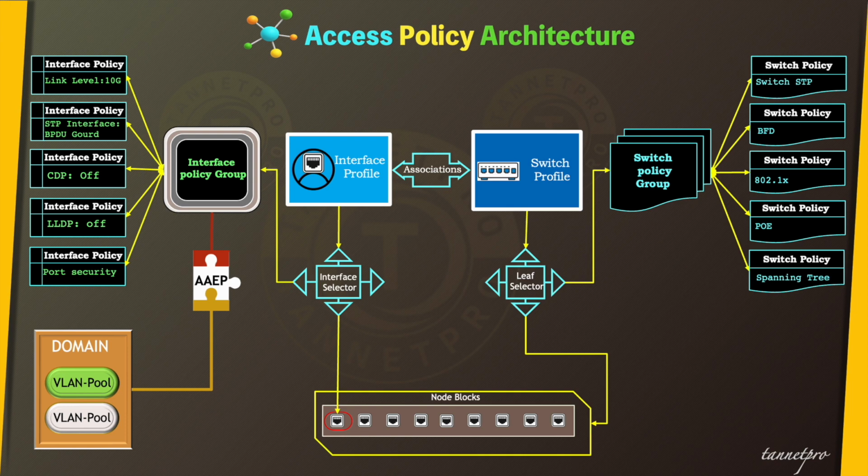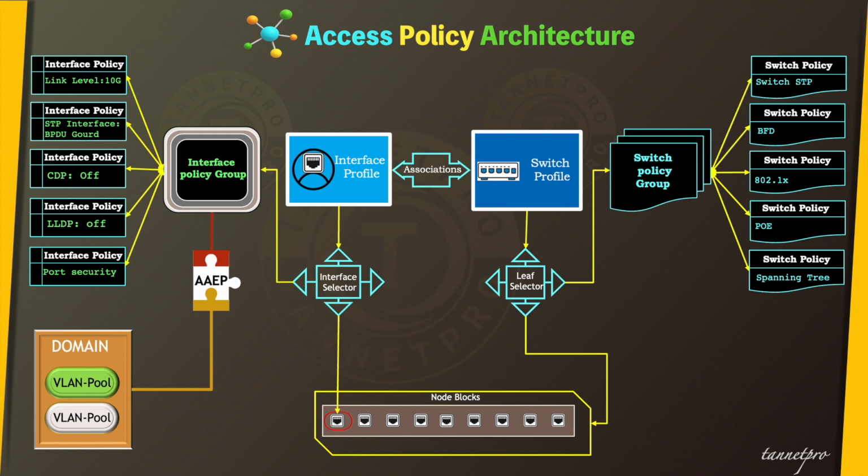Then we mapped it to an AAEP, right, which helps us attach the domains. Then we create an interface profile where we appoint one interface selector, which helps us call the interface policy group, right, which we have created. And this interface selector also helps us select the exact interface where you are going to place this policy and the profile, right?